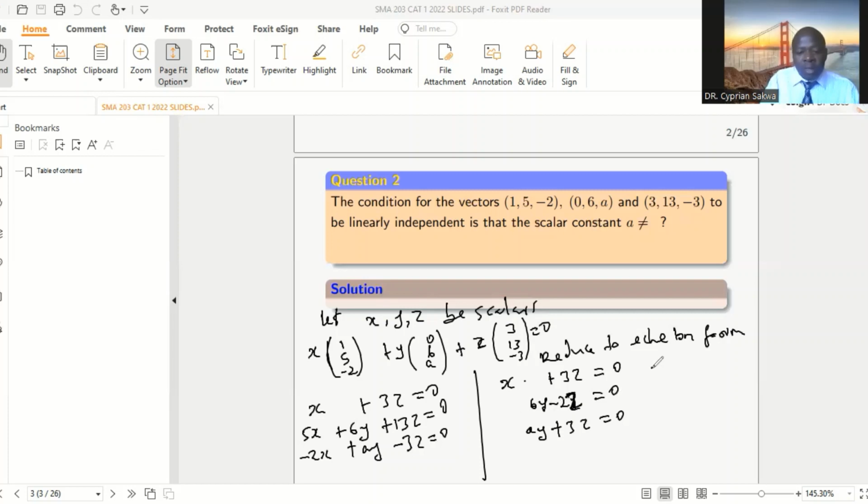So the first equation is here. The second equation, I can divide by 2 to get 3y. And there is no problem, you can even leave it the way it is. And the third equation remains as it is.